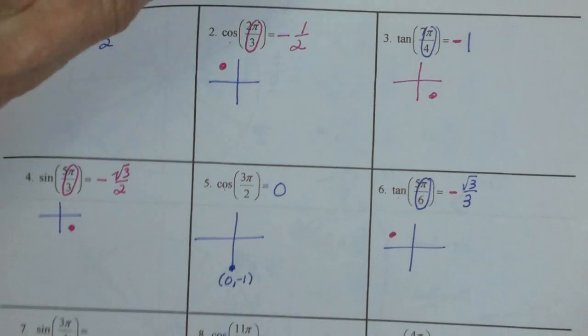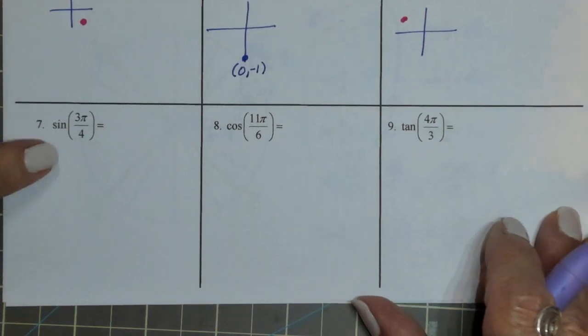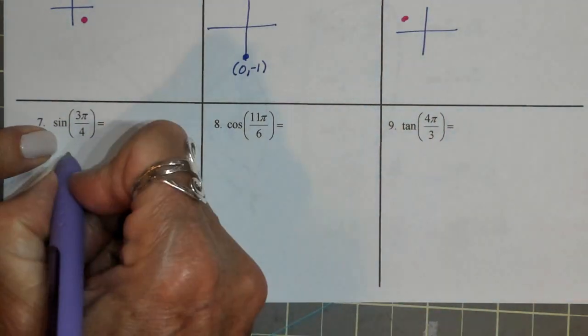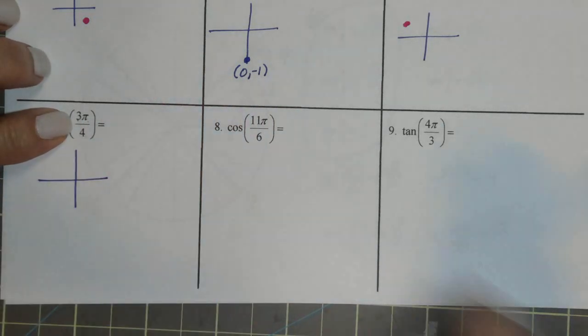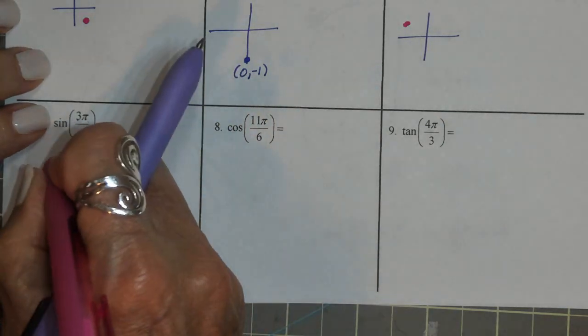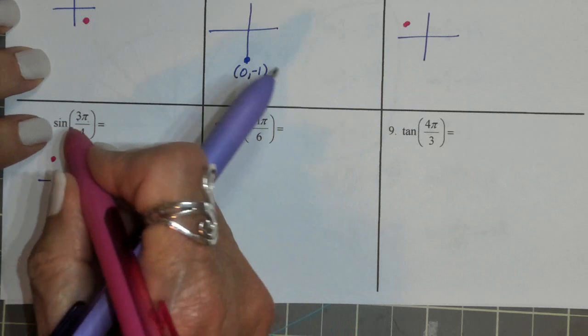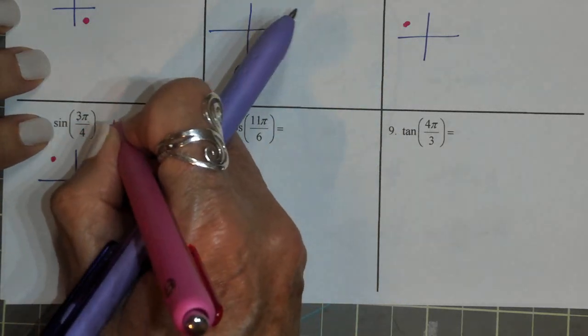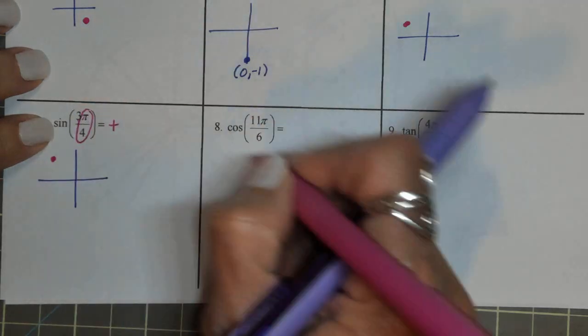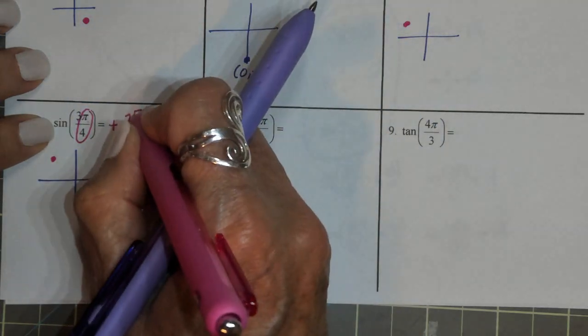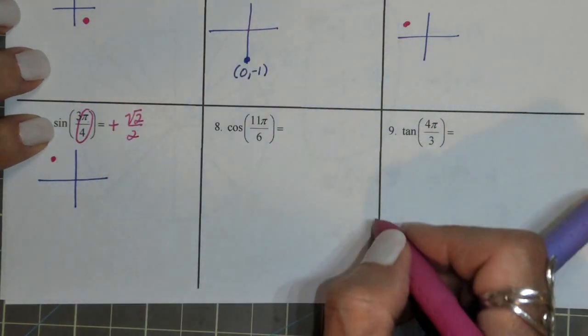Okay? Sine of 3 pi over 4. What quadrant? 3 pi over 4 is in quadrant 2, where sine is positive. And it's a pi over 4, sine of pi over 4, square root 2 over 2.